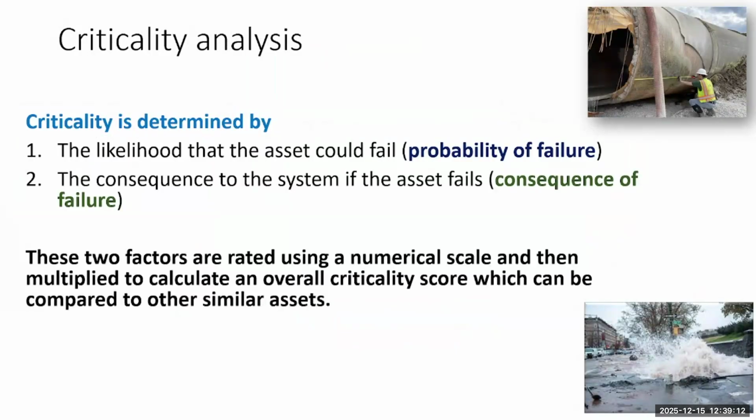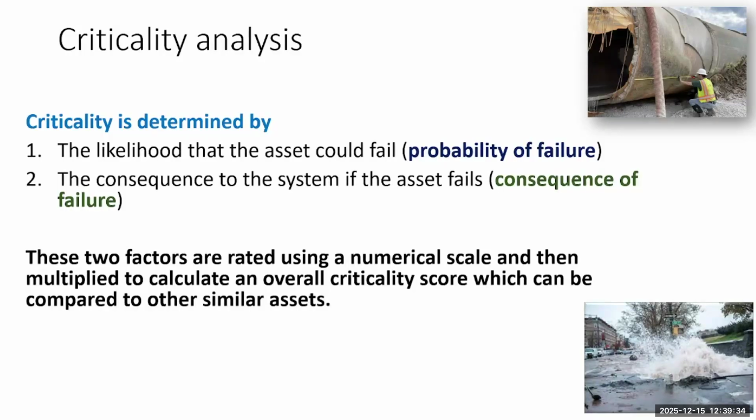And so we'll use these 2 different things in a rating system. We'll give them a numerical value for each of our assets. We'll give them a probability of failure number. We'll give them a consequence of failure number. And that's all going to be taken into consideration to come up with our overall criticality score.